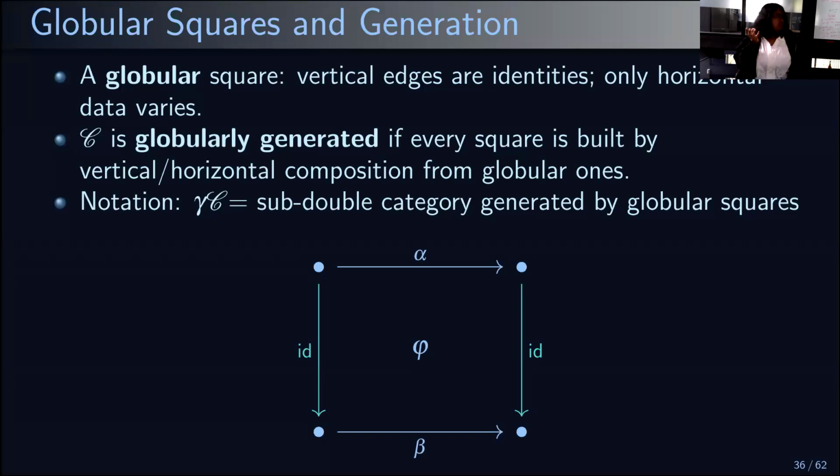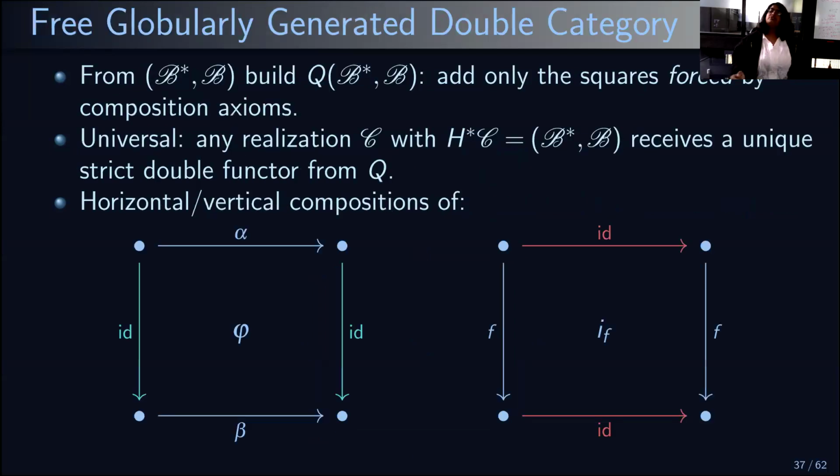Globularly generated categories are basically formed from the vertical and horizontal composition of these things. Since the vertical arrows in the first globular square are just the identity, you make this other kind of square where the vertical morphisms are the same thing and you make the horizontal go to the identity.